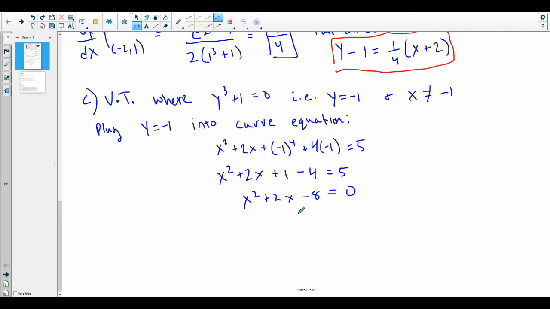We just manipulate a little bit, do some algebra. We got x plus 2, x minus 4. Oh no, other way around, sorry: x plus 4, x minus 2.